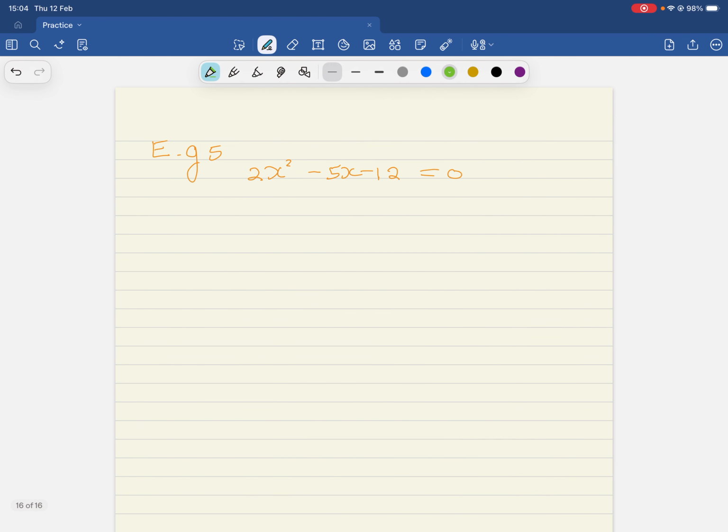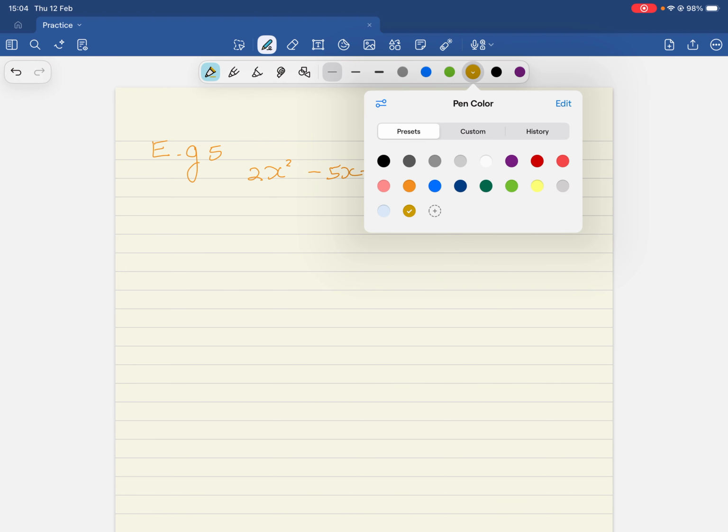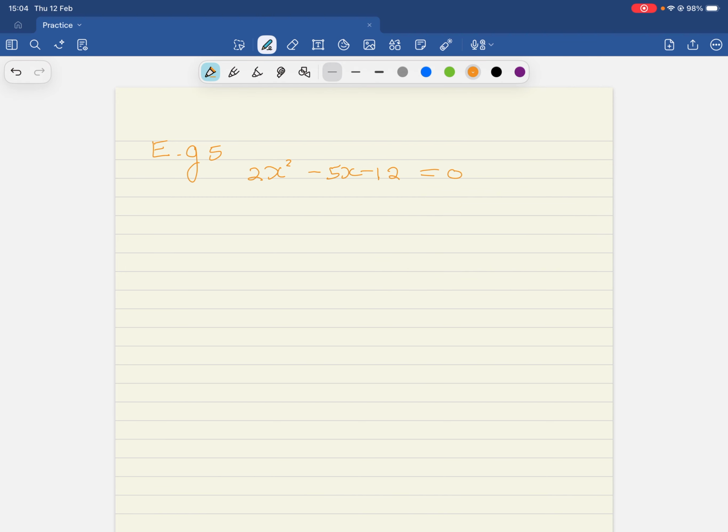Okay, let's go on to the last example, a bit more tricky, but I think it's just good practice to know. Also, to practice examples where the coefficient has a 2 in front of it, and that makes it a lot harder. So now you have to play with more factors. Here we're going to go 2x times x.